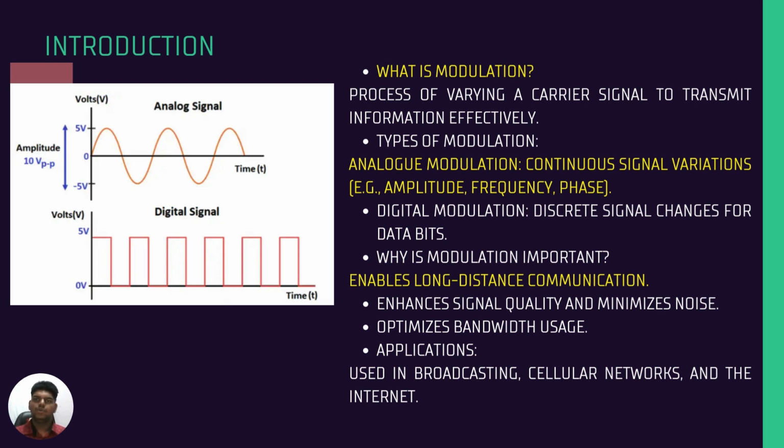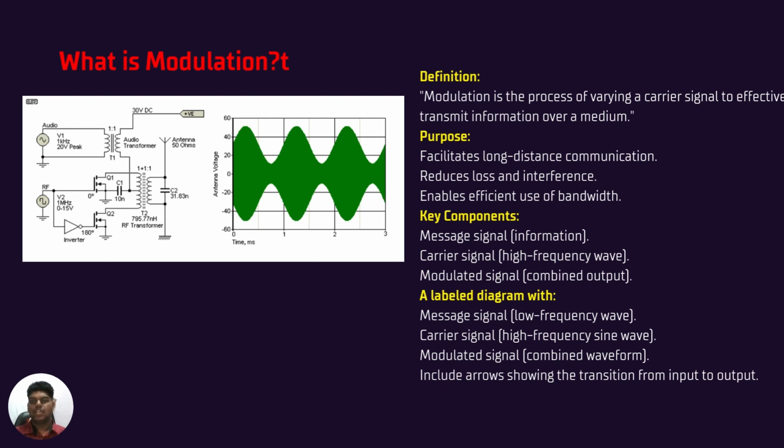Before we dive into the specifics of each modulation technique, let's define modulation in simple terms. Modulation is a process of varying a carrier signal's properties, such as its amplitude, frequency, or phase, to transmit information.